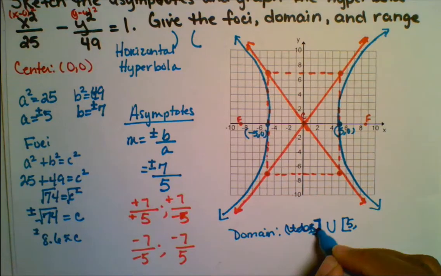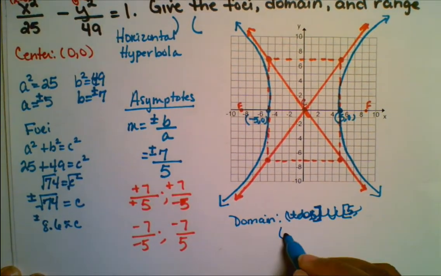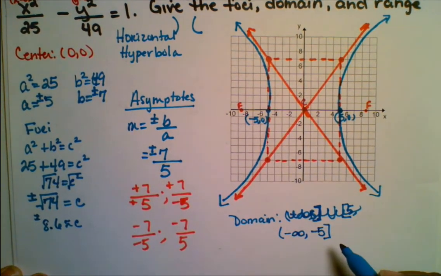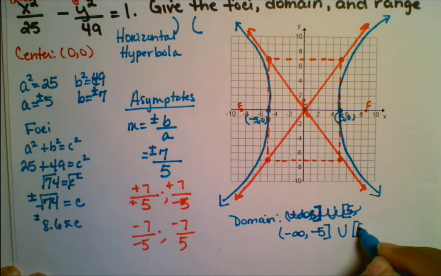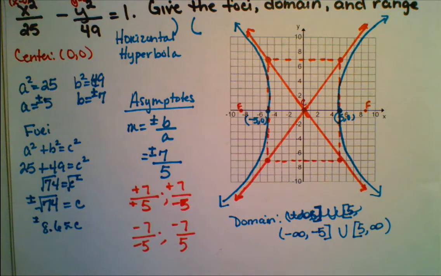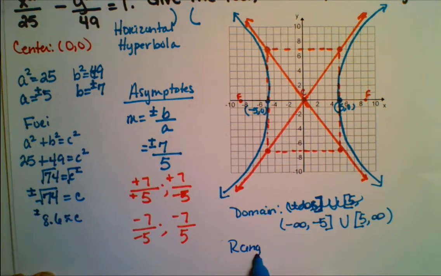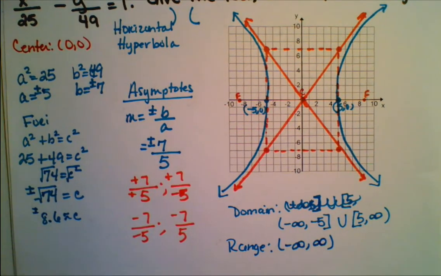Let me write this over again. Okay, -infinity to -5, close bracket, union, +5 to +infinity. And then our range is from -infinity to +infinity. There we go.